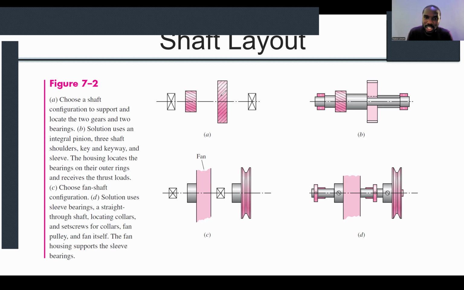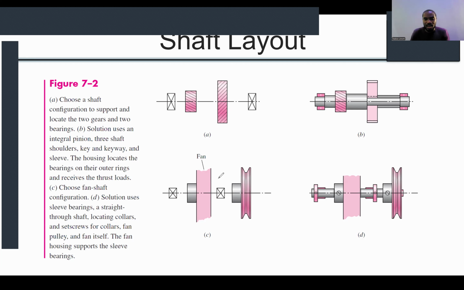Then I put my shaft and my gears in between those two bearings. Then I can begin to step. What then should be my shafts? Let's say I have 25 millimeters running for what length? Then we increase it to 30 millimeters for one length and all of that.